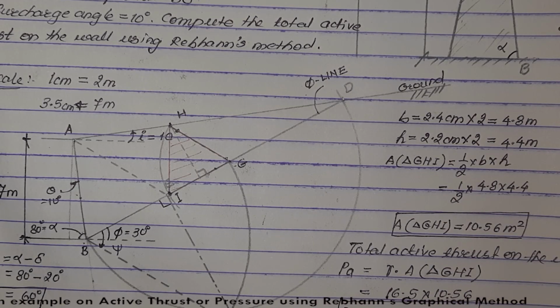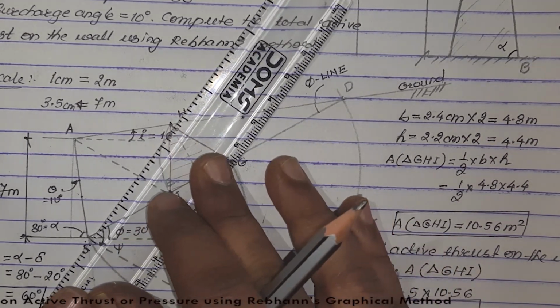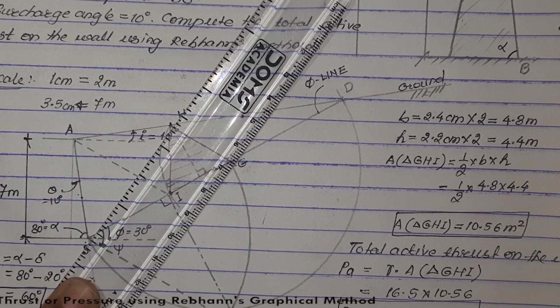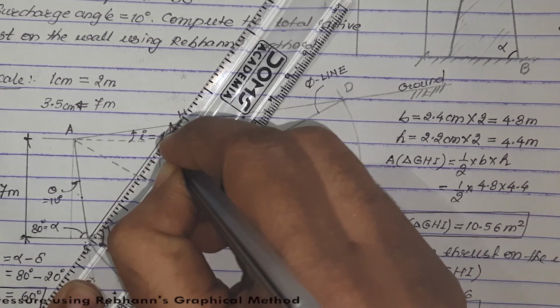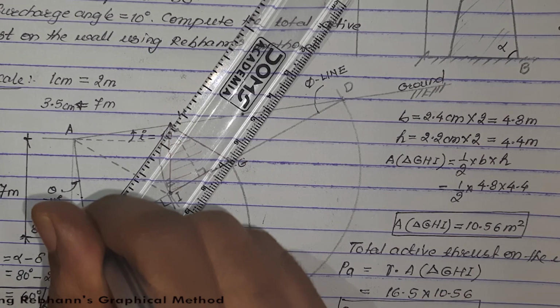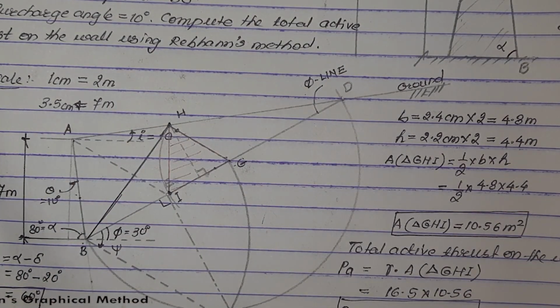What will be the rupture surface here? The rupture surface is going to be surface BH. So this BH is going to be the surface of rupture.